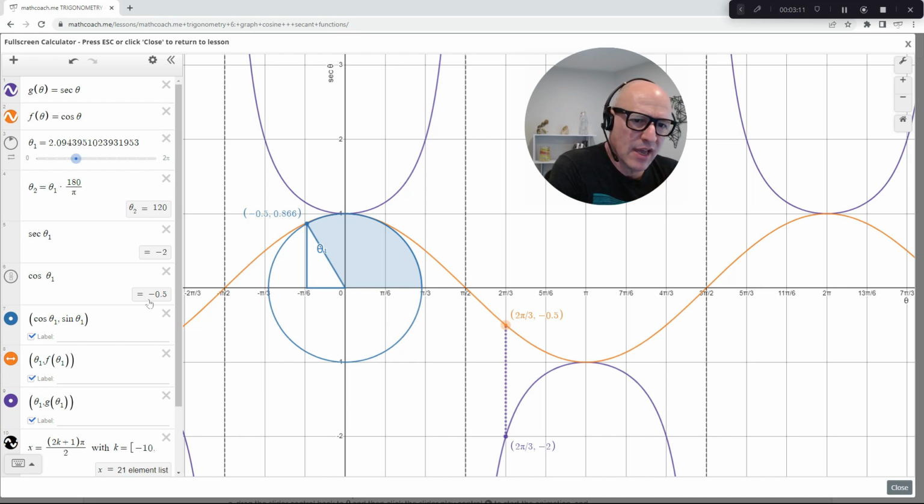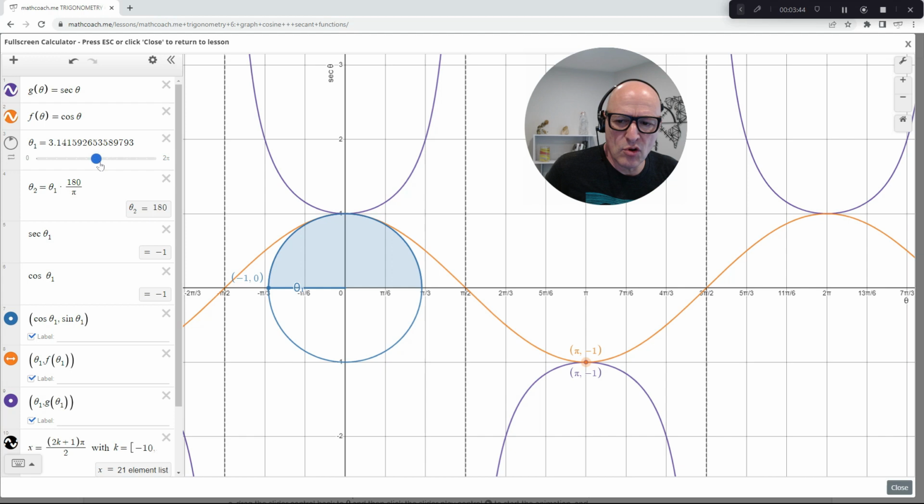The reciprocal of that, the secant, is -2, and we see that here and here. Cosine function will be negative throughout quadrant 2 and quadrant 3, and so will the secant function. They are both negative within those two quadrants. As we continue, we get to 180 degrees where again they intersect. The cosine of 180 degrees is -1. The secant of that is also -1.